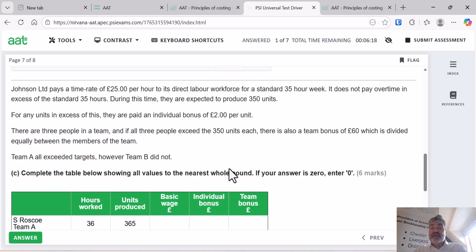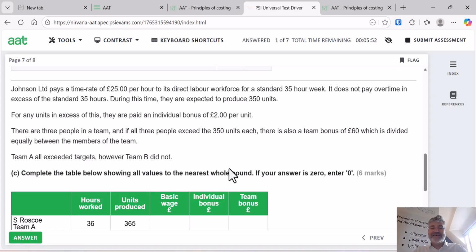During the 35-hour week, they are expected to produce 350 units. If they produce more than that, then they are entitled to a bonus that works out at £2 per unit. There are 3 people in each team, and if all 3 exceed the 350 units, there's a team bonus of £60 divided equally between the 3 members of the team.